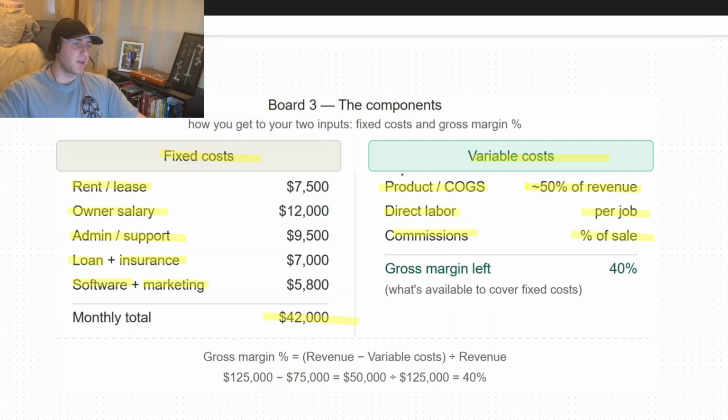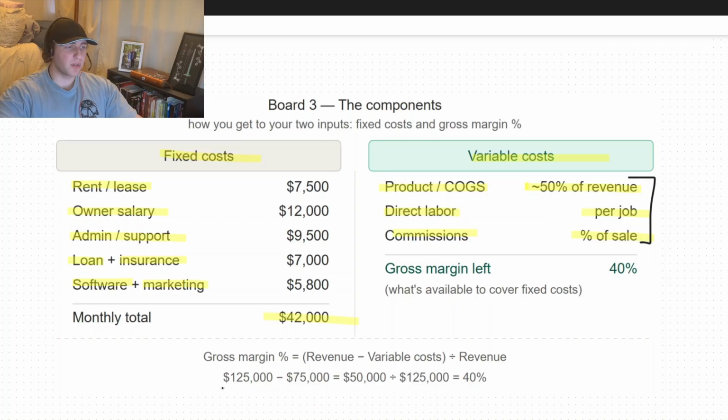Now, one thing to note about variable costs: you should be choosing the most accurate way to measure these, and there are a myriad of different ways. Don't be creative in minimizing your expenses. You want to be accurate with your expenses, because on paper it could make you look rich, but in reality, you're making stupid decisions that leave you broke.